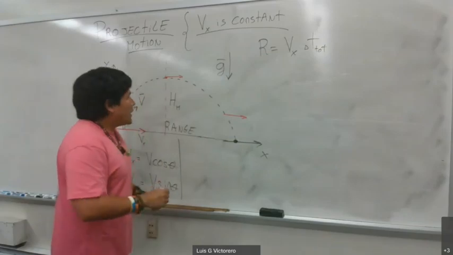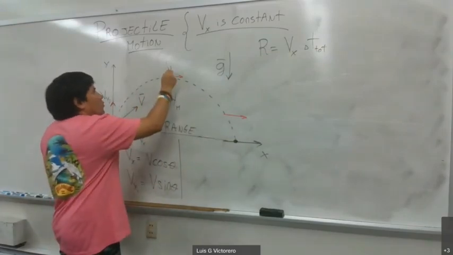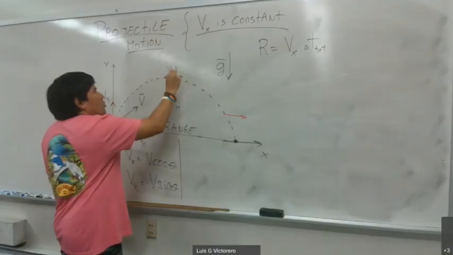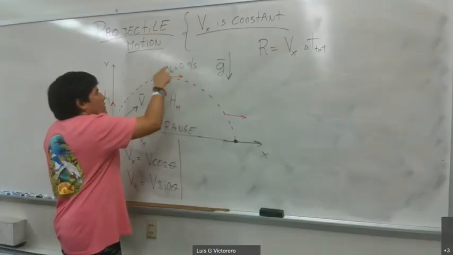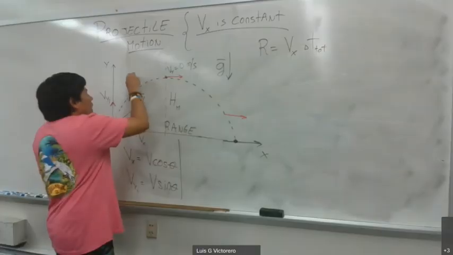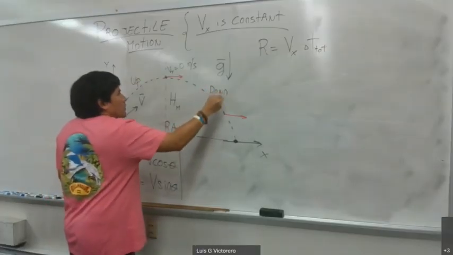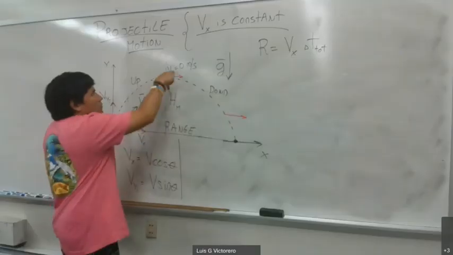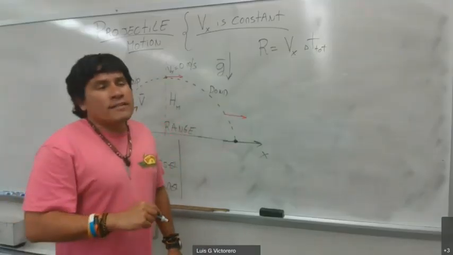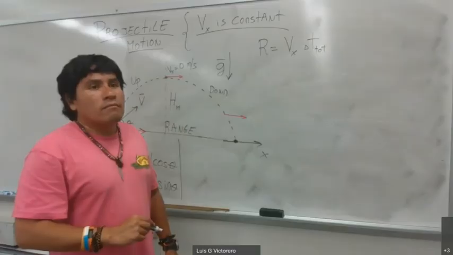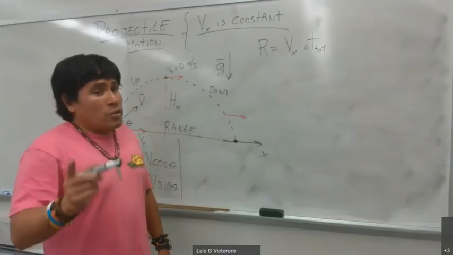And the other thing is that we know that here Vy is equal to 0. In the motion going up, and this is a motion going down. In the motion going up, the final vertical velocity is 0. The initial is V sine theta. So I don't care about time for now. We're going to use it in a minute.